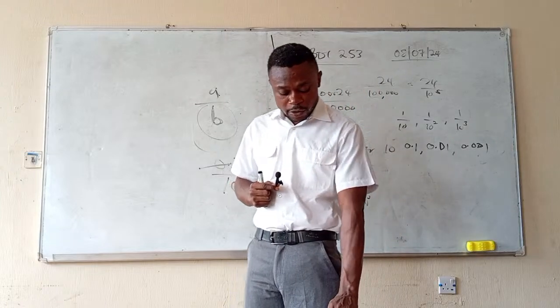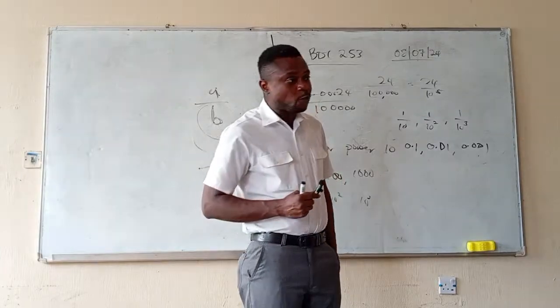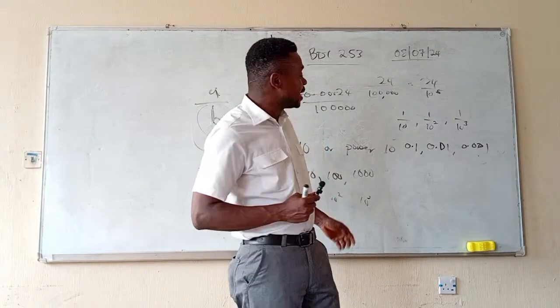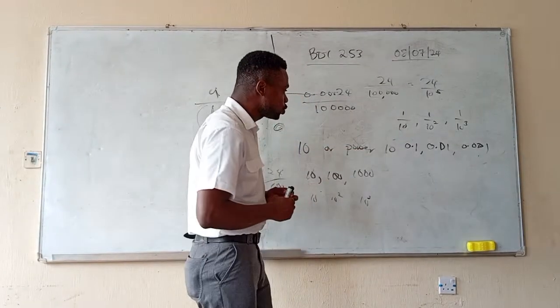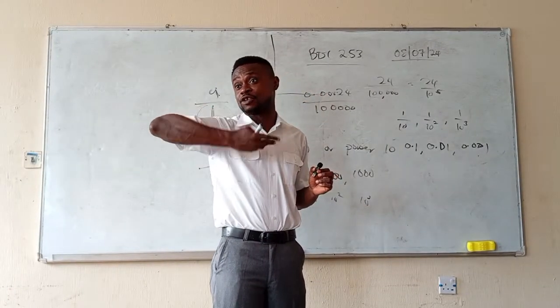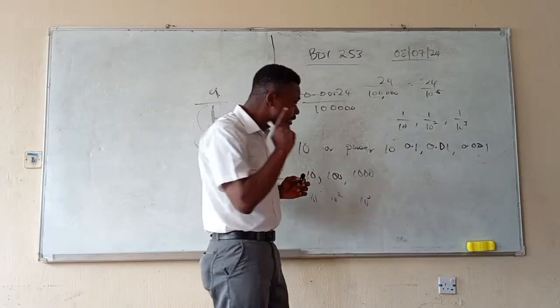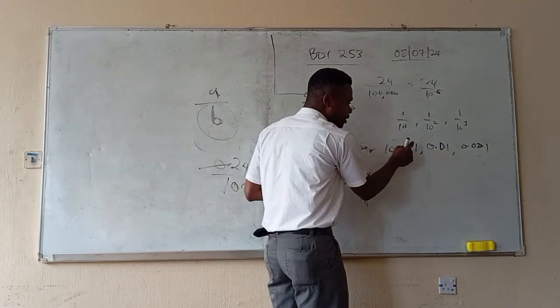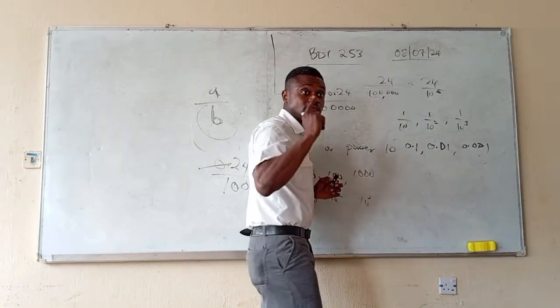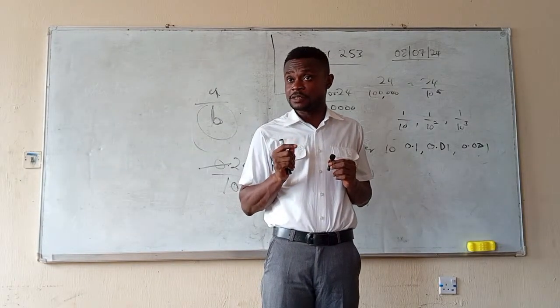All right. Please, while writing decimal numbers in decimal fraction, do not ignore this. We know that point one is 0.1, but please, always put the 0 before the decimal point. Am I communicating?